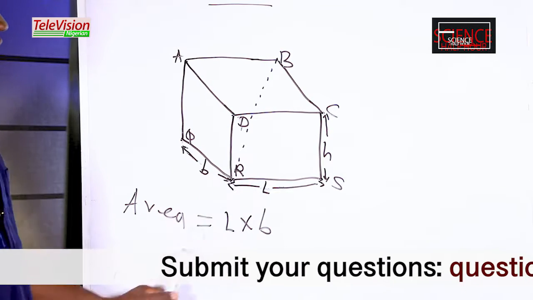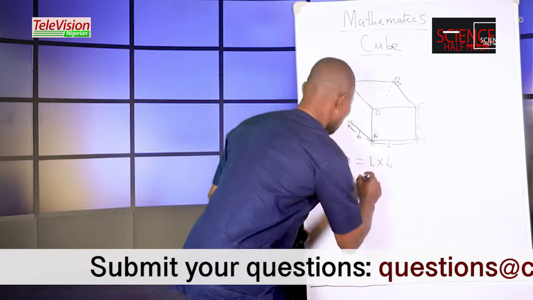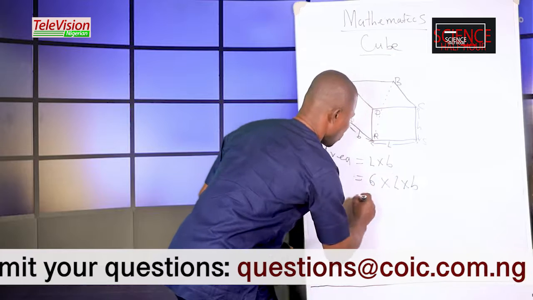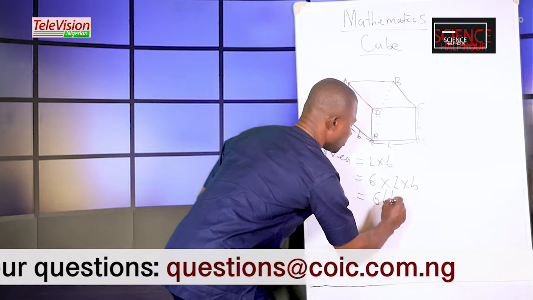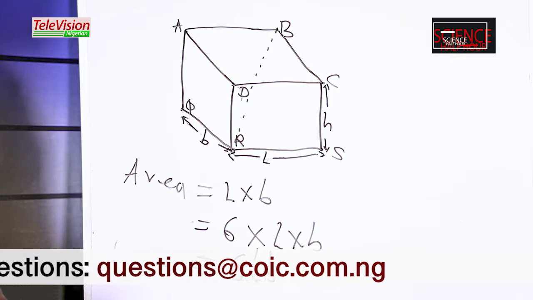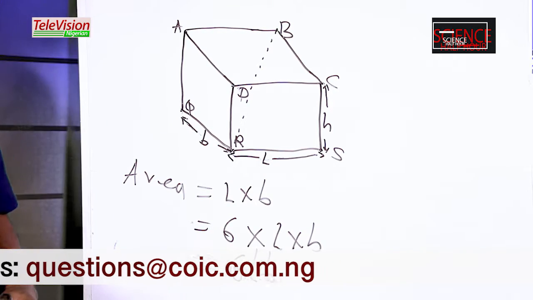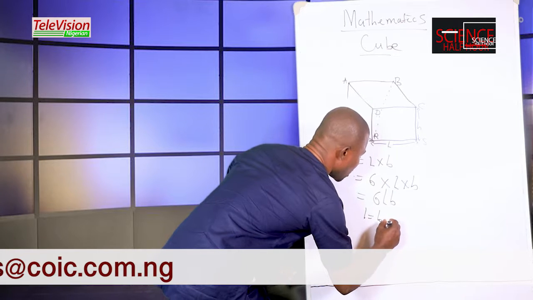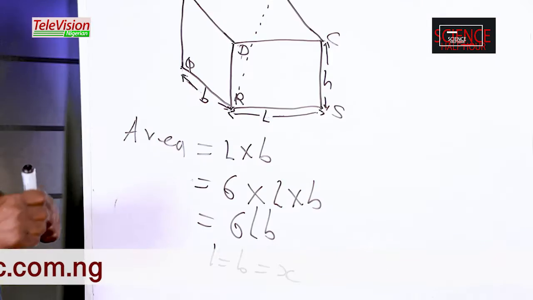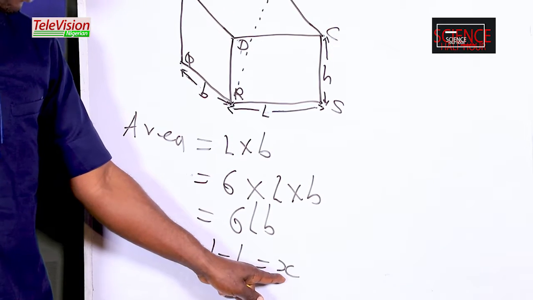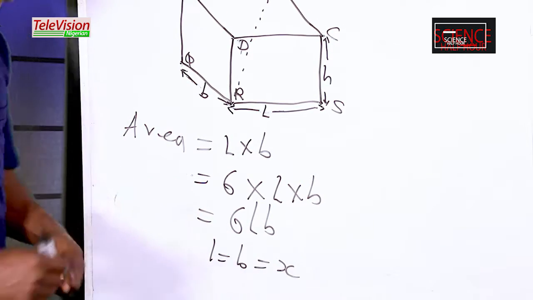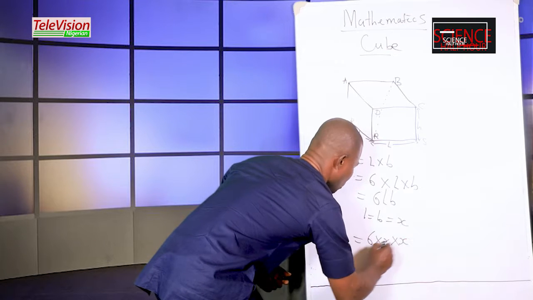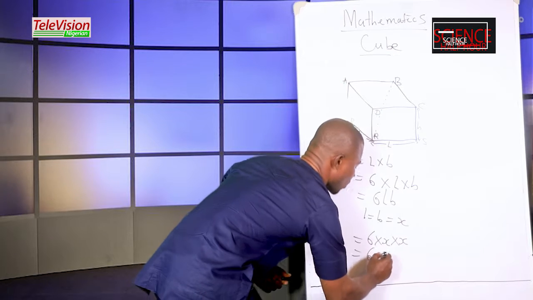To get the area of the cube is going to be equal to 6 times length times breadth, which is equal to 6LB. And we know that the length is equal to B. We now say that L is equal to B and is equal to X. We use X to represent the length. We have it to be equal to 6 times X, which is equal to 6X squared.